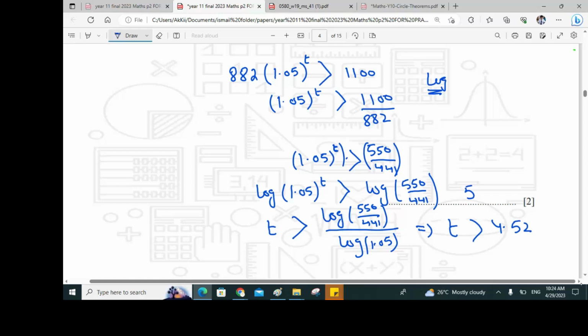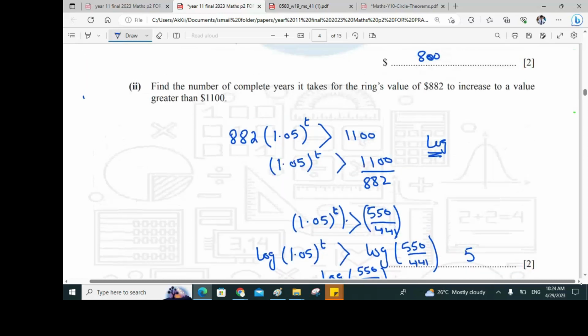Okay. Now for this type of question, just keep it in your mind. If there is something where the power is coming in and you have to find out the power, you can make use of logarithms, right? This is something which we have not studied over here, but let me give you the basic idea about logarithm.